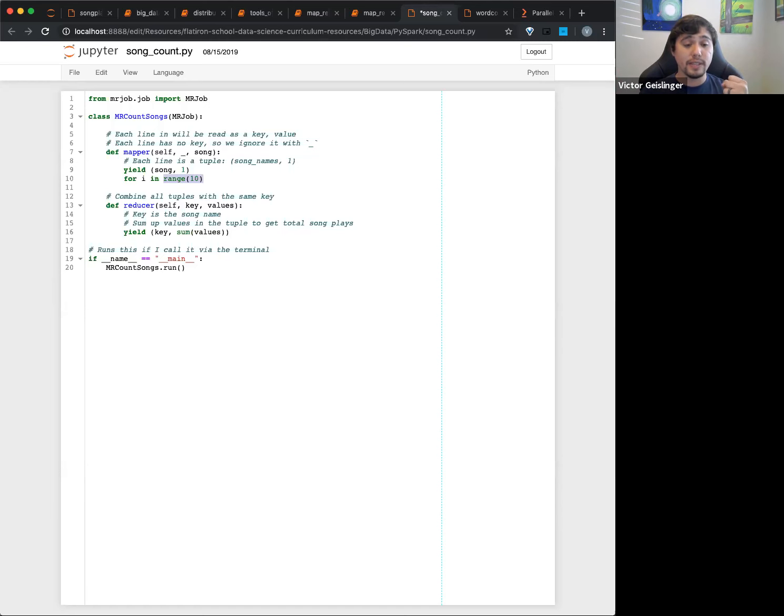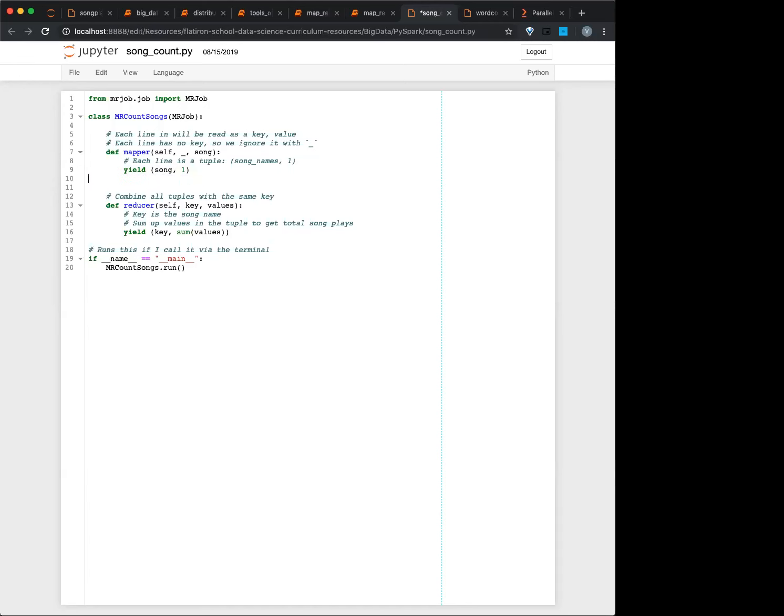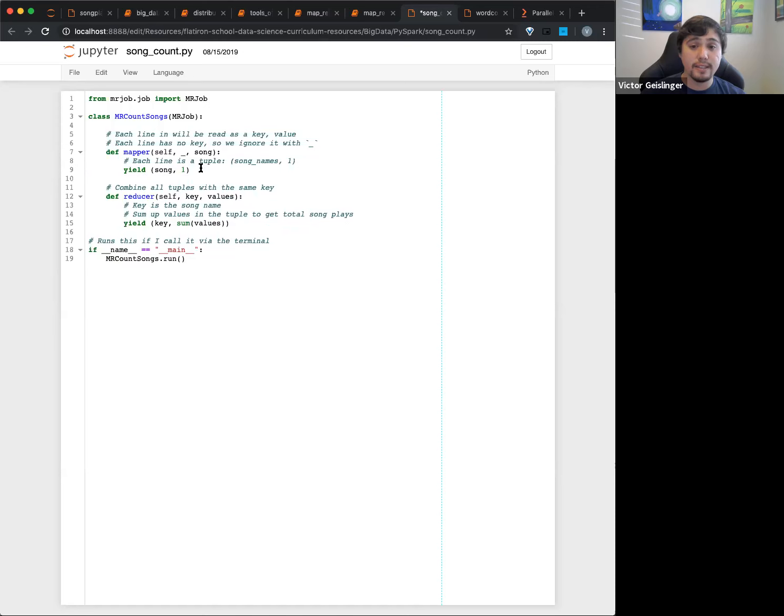When I ask for the next one, give me the next one after that. The first time you ask, give me 0. All right, give me the next one, that's going to be 1. That's what we're doing right here. We're making our own range function, essentially. Yeah, that makes sense. It helps in saving memory, because you don't have to load the whole list of songs into memory. It's just the next one, next one, next one.